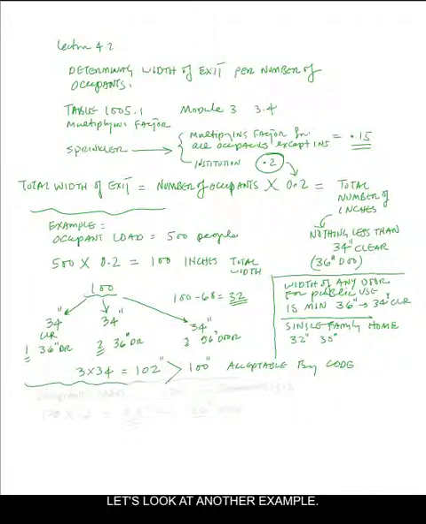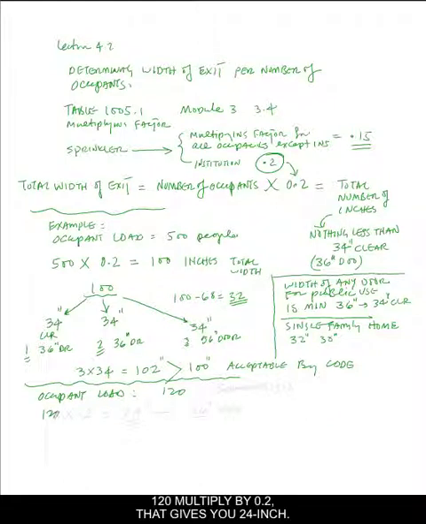Let's look at another example. You have an occupant load of 120. 120 multiplied by 0.2 gives you 24 inches.